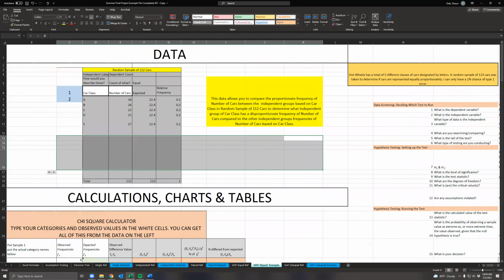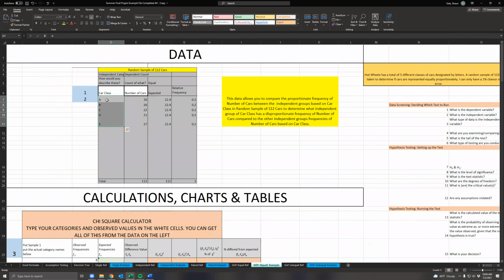So I could have between 100 to 200, 200 to 400, 400 to 800. And then you can ask, what are the number of frequencies for these continuous classes? So you're still looking at frequencies, but you're looking at continuous classes. But we're not going to do that right now.